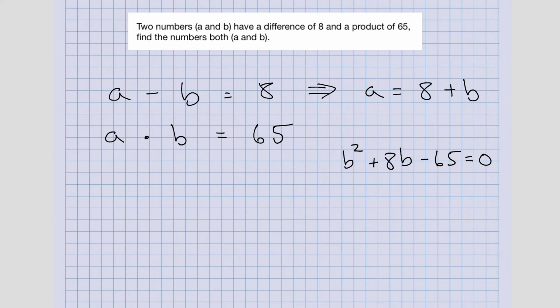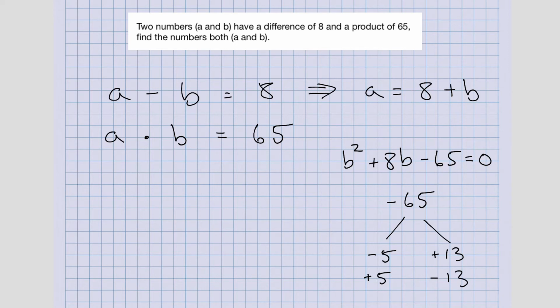Now, as you remember, when factoring quadratics, we need to find something that multiplies together to negative 65 and adds up to a positive 8. So once again, we're going to factor negative 65. That could be negative 5 and positive 13, or that could be positive 5 times negative 13.